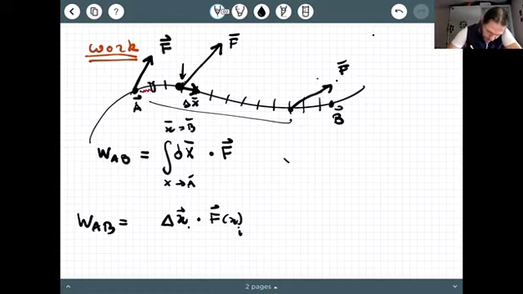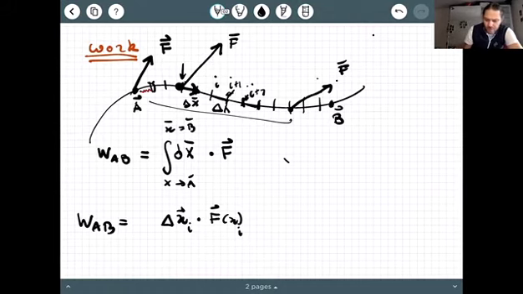So let delta x_i be the displacement starting from the ith little bit of segmenting the trajectory. This is my i plus 1, i plus 2, and so on. And basically, I have to compute all of these products between the displacement and the force.